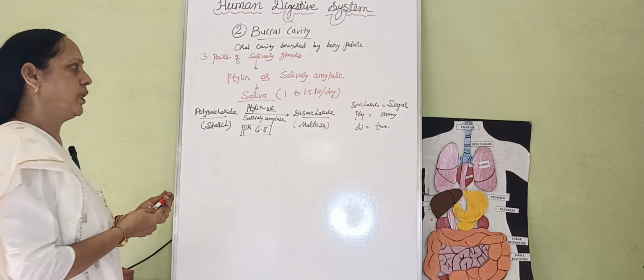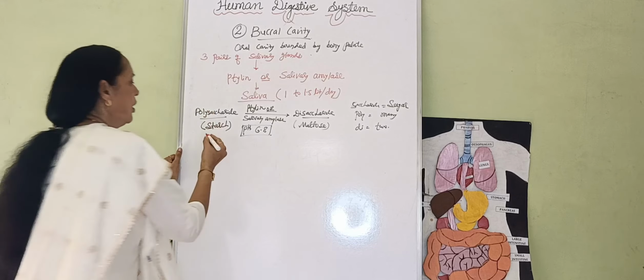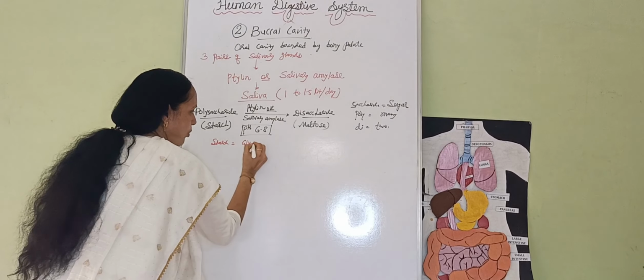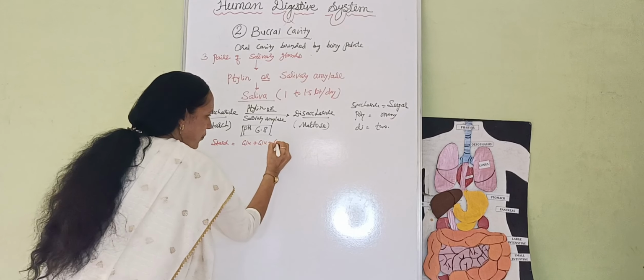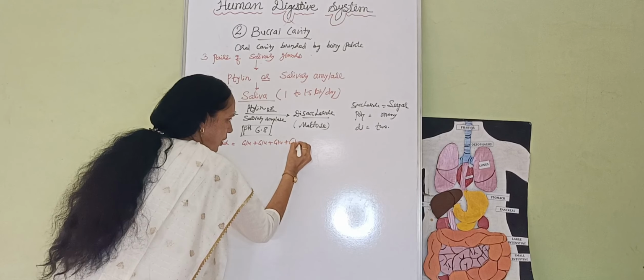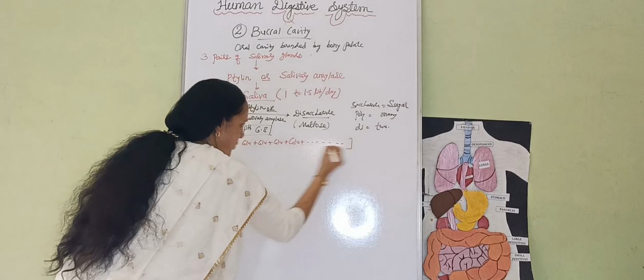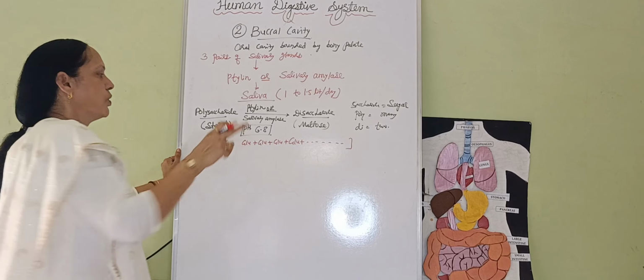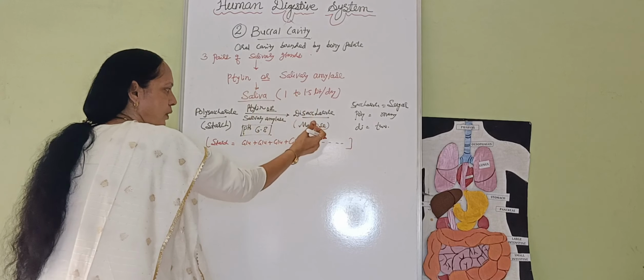Now what is meant by polysaccharide and how is starch formed? Starch is formed by a chain of an uncountable number of glucose molecules. If such a chain is there, this is called starch. So this starch is converted into maltose.